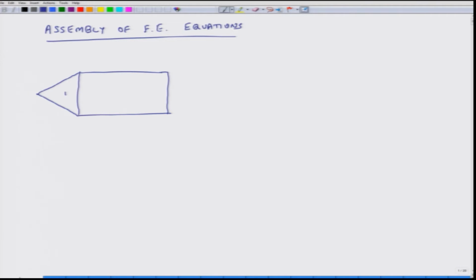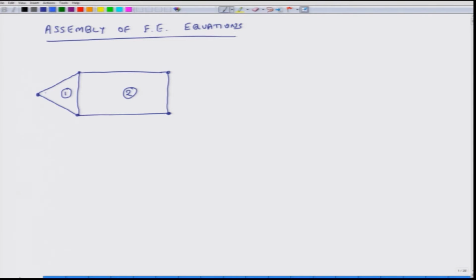So, let us say this is element 1, this is element 2. Okay. And so, the first element is a first order triangular element, and the second element is a 4-noded quadrilateral. In this case, it looks like a rectangle.